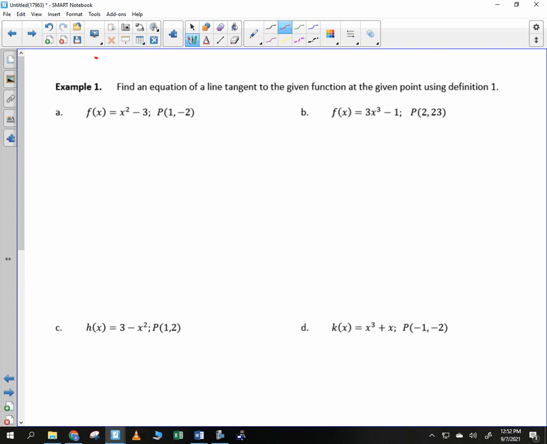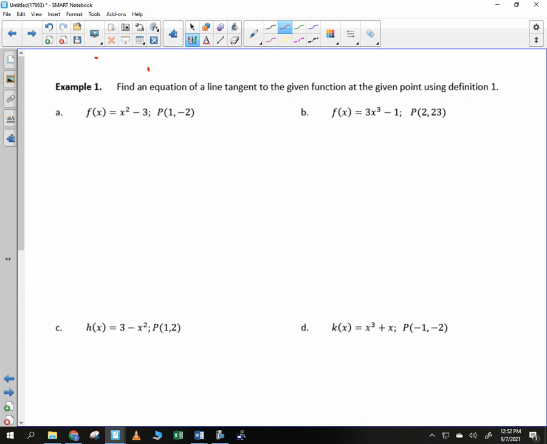It says find an equation for the line tangent to the given function at the given point using this definition number 1. So the function is x squared minus 3. The point is (1, -2).